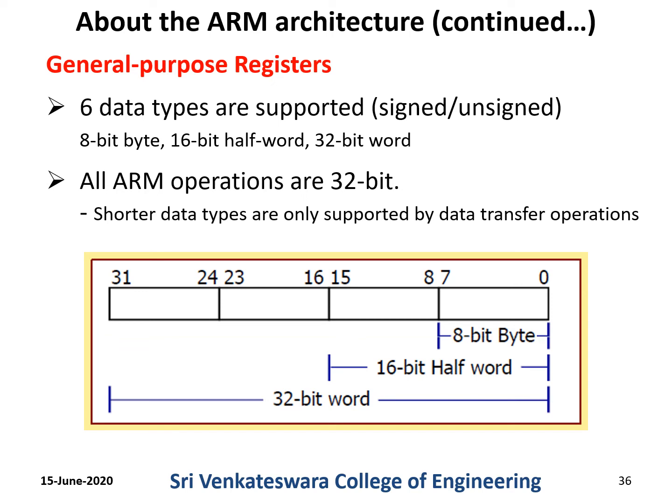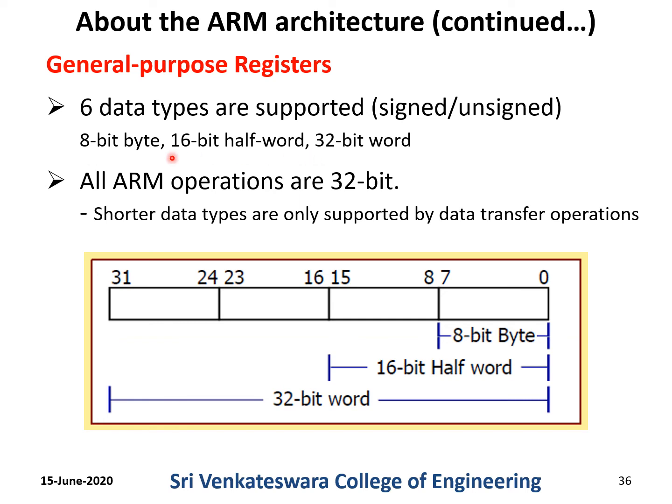ARM can support 6 data types, both in signed and unsigned format. The data can be 8-bit in size, which is nothing but a byte, or the data can be 16-bit data or a half word, or it can be 32-bit data or a word.